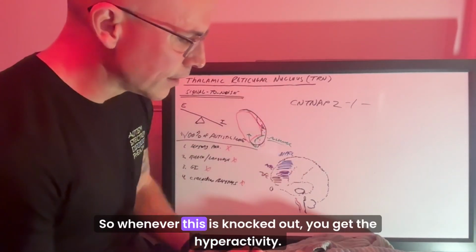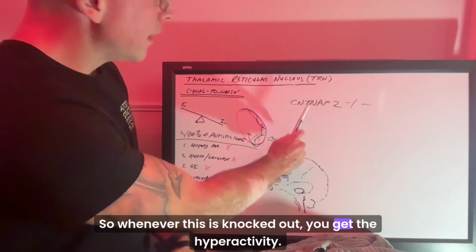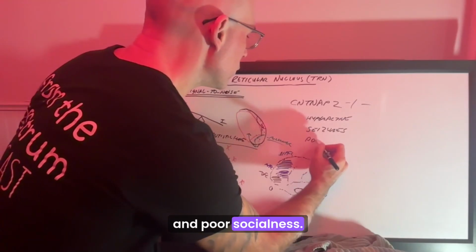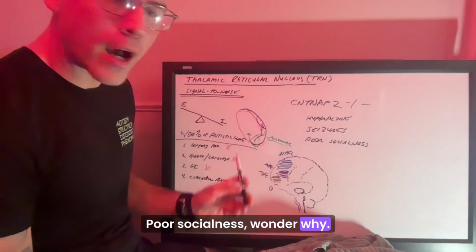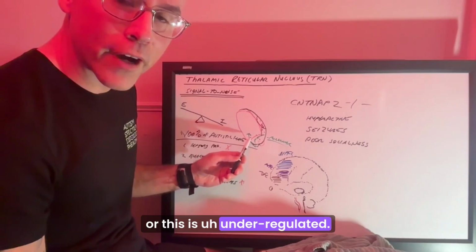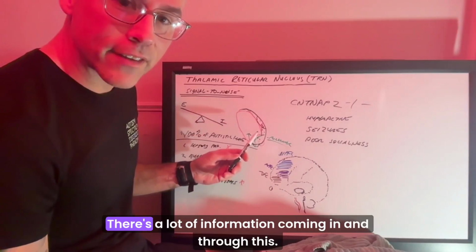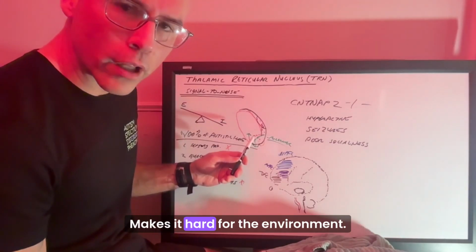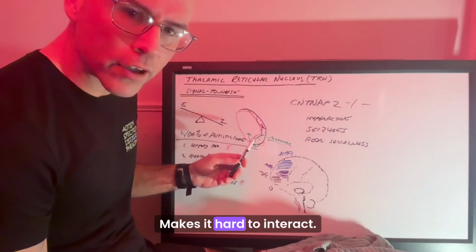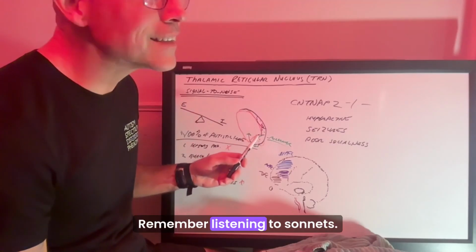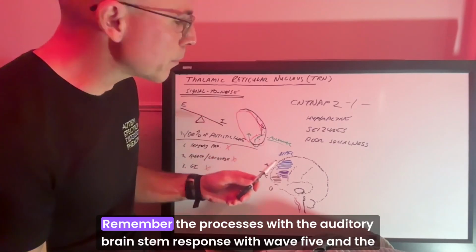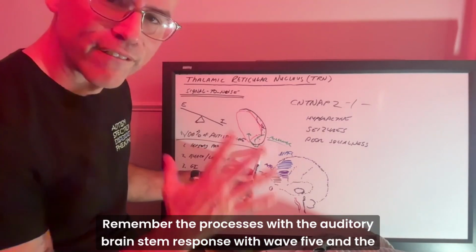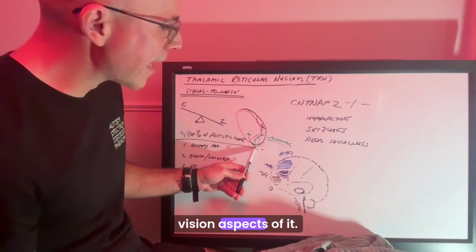So whenever this is knocked out, you get the hyperactivity, you get seizures, and poor socialness. Poor socialness. Wonder why? Or this is underregulated. There's a lot of information coming in and through this. Makes it hard for the environment. Makes it hard to interact. Remember listening dissonance. Remember the processes with the auditory brain stem response with wave 5 and the vision aspects of it.